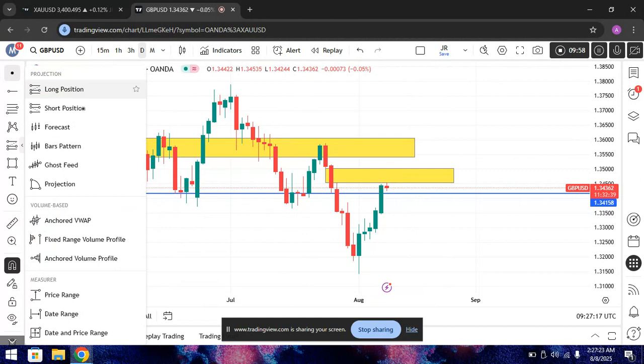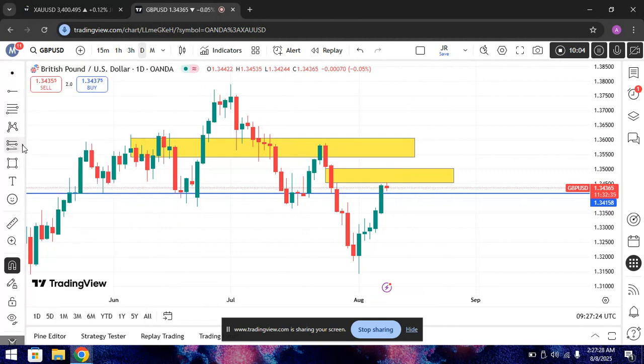So now let me just get my tool here. I'll get the short position here, from this point, and then I would drop this down.